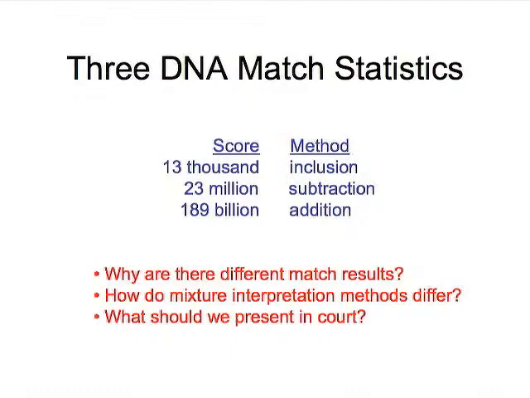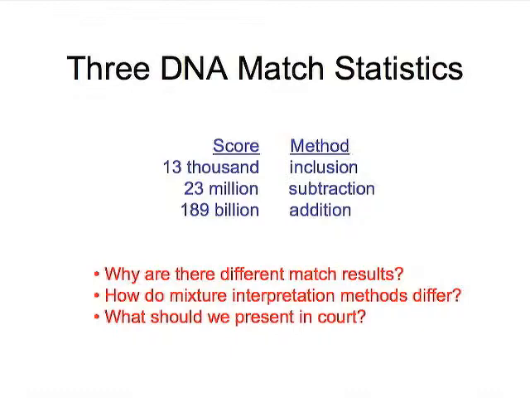Dr. Robin Cotton, former director of the Cellmark Boutique Laboratory in Washington, looked at it, and she made some other assumptions, and that number was 23 million. I'll go into that in a bit. And then using linearity addition, the concept that the amounts of DNA add up to help explain what the quantitative signals are that we're seeing, gave a score from the TrueAllele computer of 189 billion.